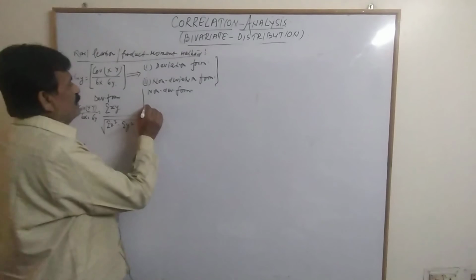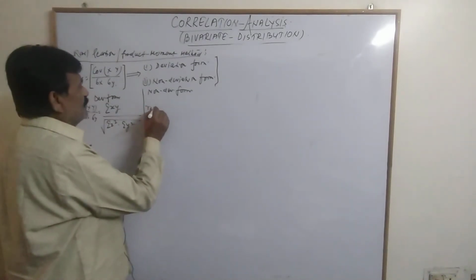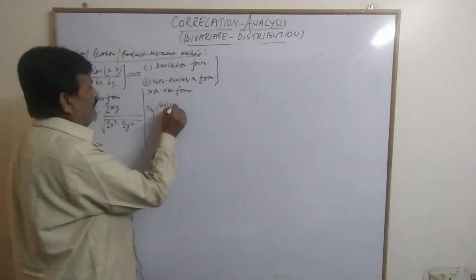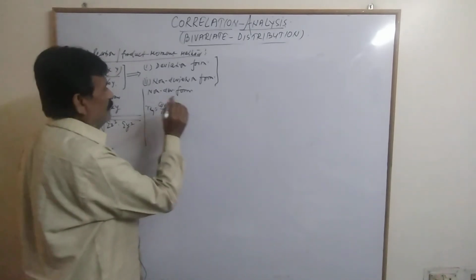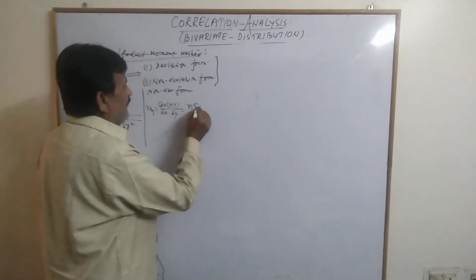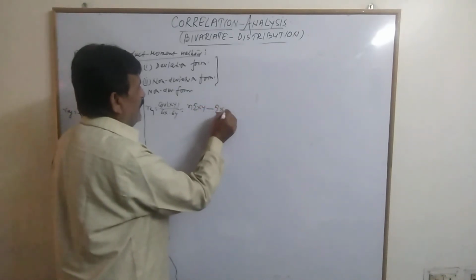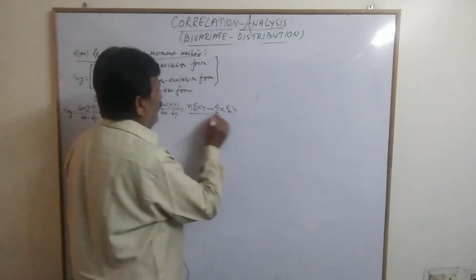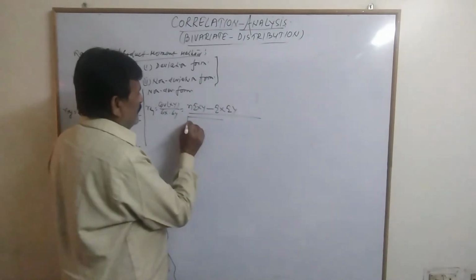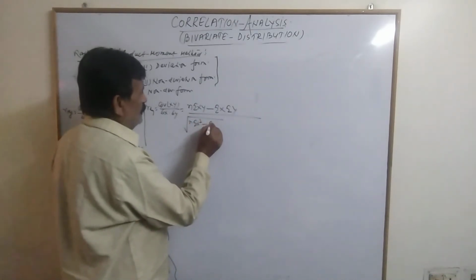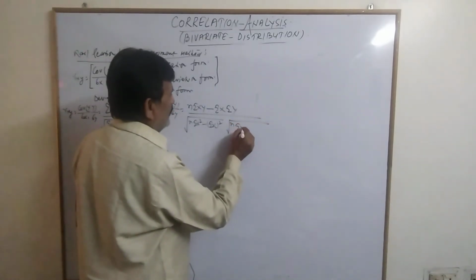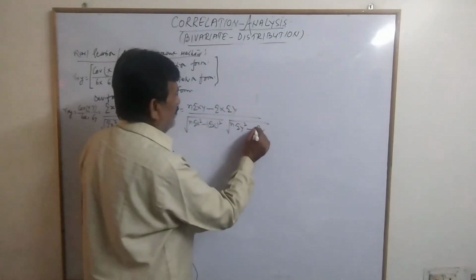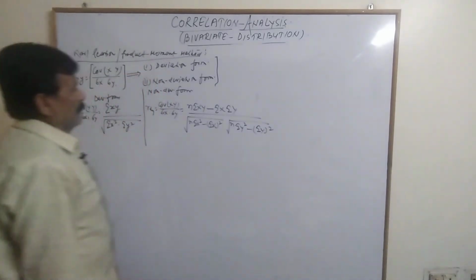And non-deviation says that Rxy is covariance xy divided by standard deviation of x, standard deviation of y, and this is n summation xy minus summation x summation y, divided by under root n summation x square minus summation x whole square and n summation y square minus summation y whole square.